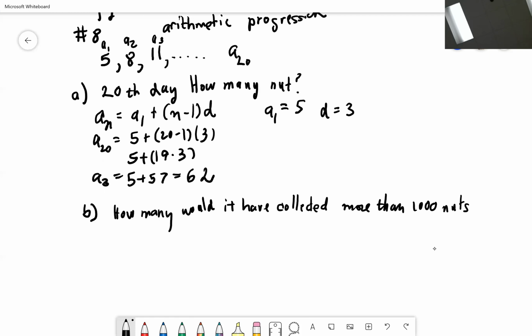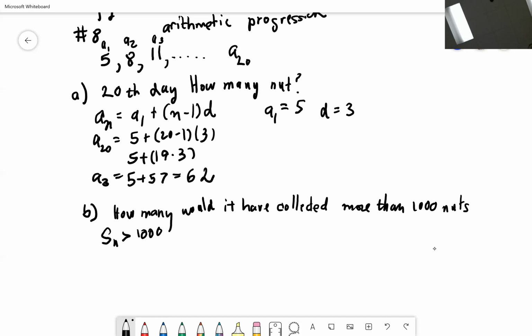So in other words, we want to figure out what n, A of n, is greater than 1,000. Oh, well, let's be careful here. When S of n is greater than 1,000.